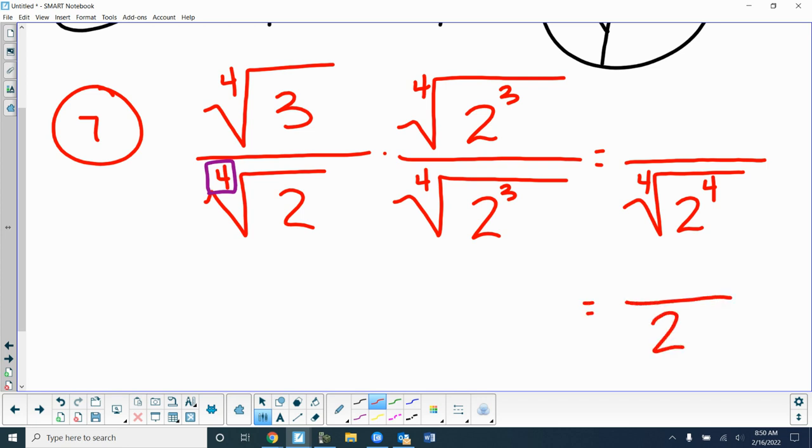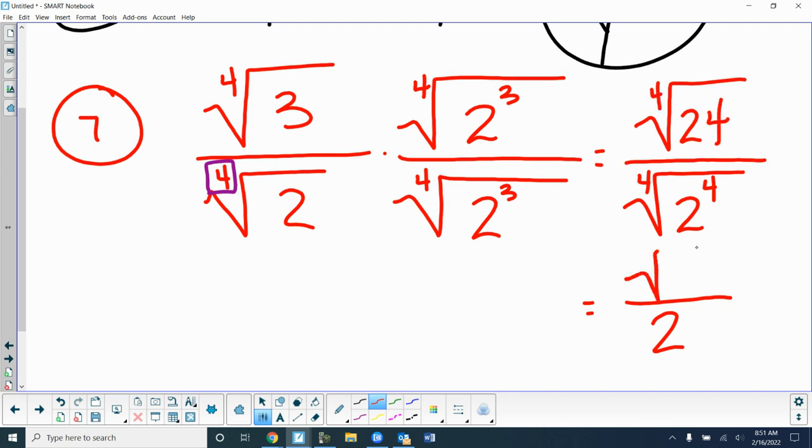The radical's gone. But remember, whatever we did to the denominator, we had to do to the numerator, right? And what is 2 times 2 times 2? 8, right? So what's 8 times 3? 24. So this up here is a 24.